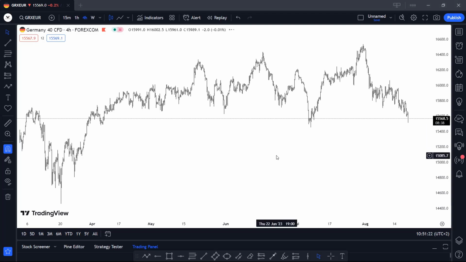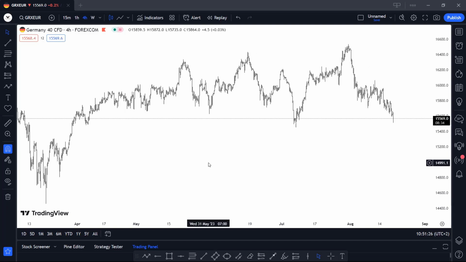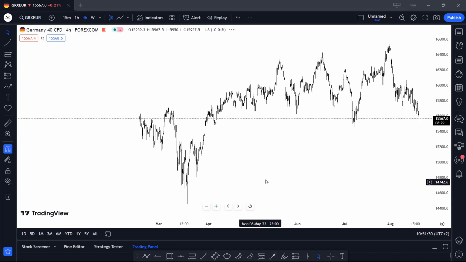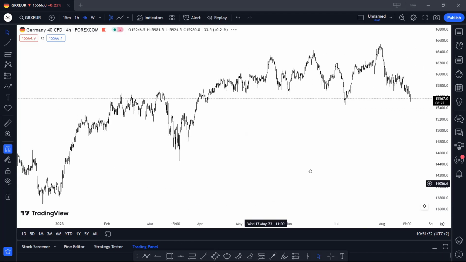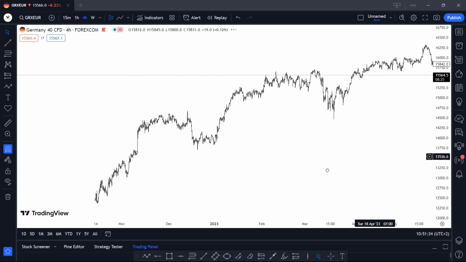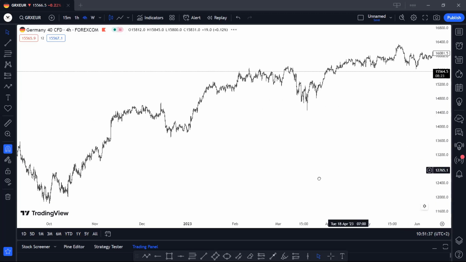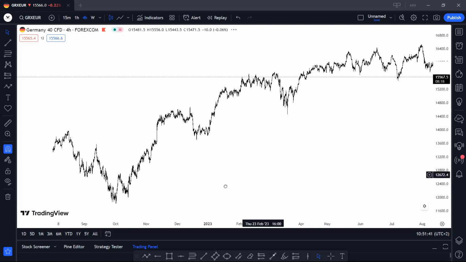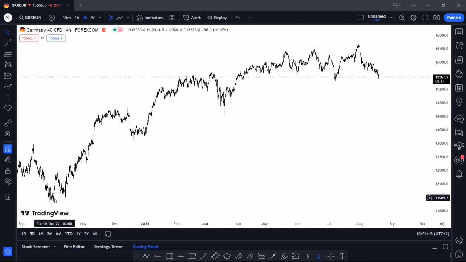As always, I'm starting on my 4-hour. So first thing that I do obviously is I zoom out. I look for market structure. So as you can see, this is a lot of price action right here, right? And you can see that the market has been in a very strong bullish market structure, but also at the same time it has very strong pullbacks.